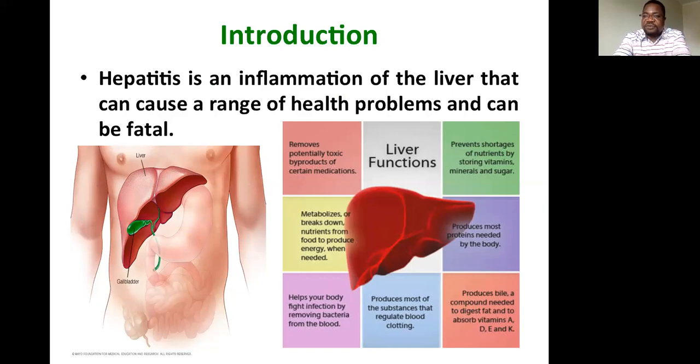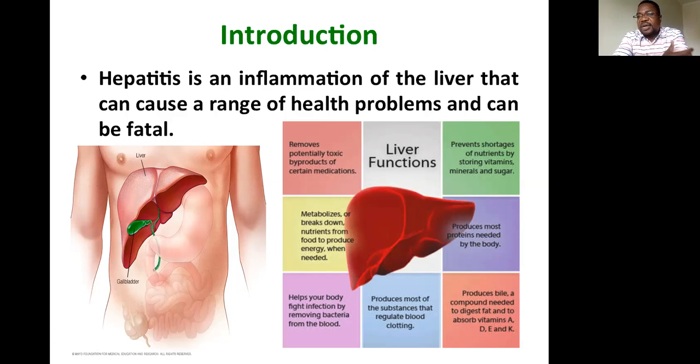The liver also helps your body fight different types of infection by removing bacteria from the blood. The liver produces most of the substances that regulate blood clotting.